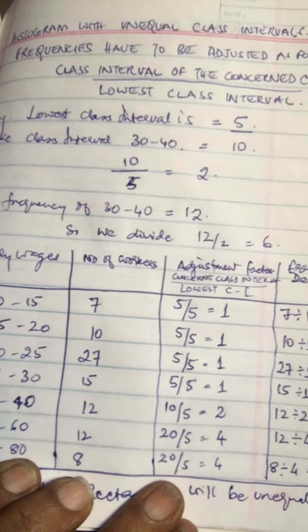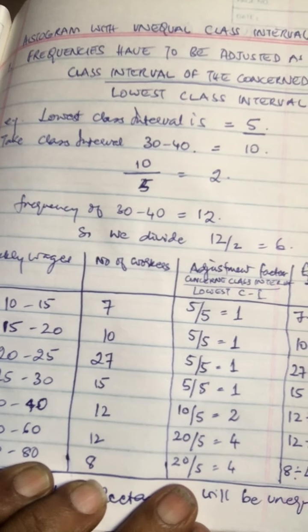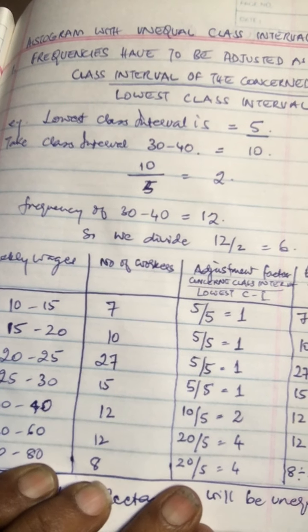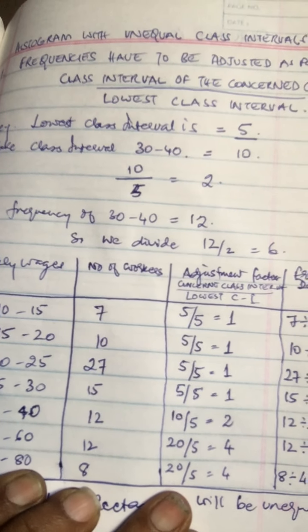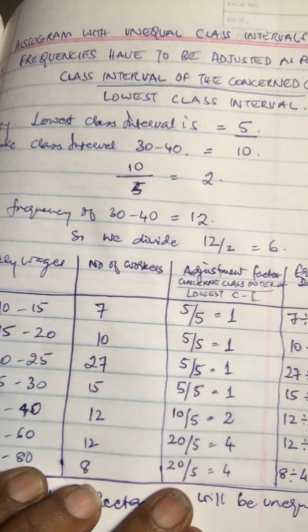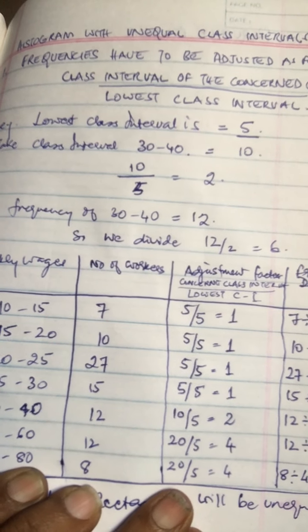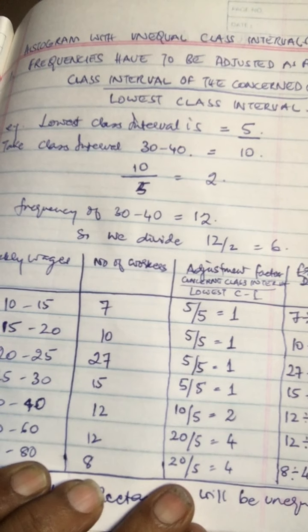Now let's come to class interval 30 to 40. The concerned class interval is 10. And the smallest class interval is 5. So when you divide, you get 2. Now you also have to adjust the frequency density.